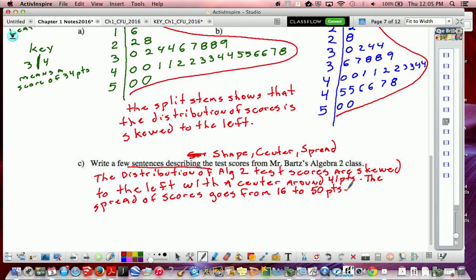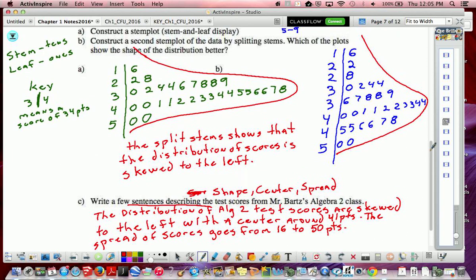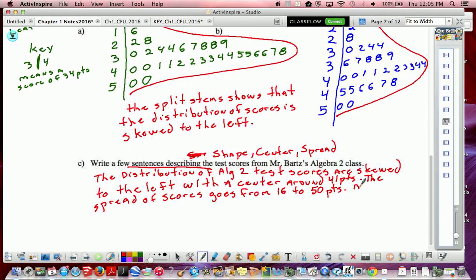Okay. 16? A score of 16 may be an outlier. Cool. All right.